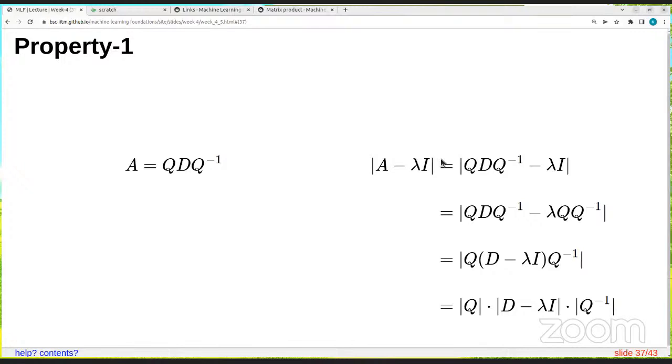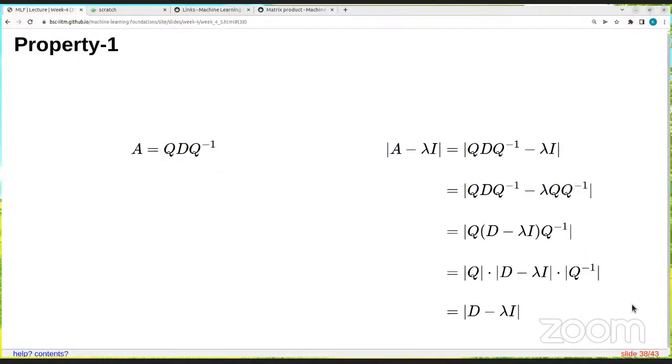Right. So the other way of looking at it is these two get cancelled, right? So Q inverse and Q will vanish, leaving us with determinant of D minus lambda I. Right. So what this is saying is that the eigenvalues of A are the same as the eigenvalues of the diagonal matrix.